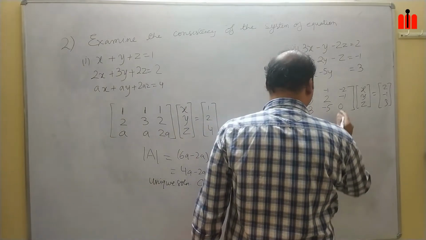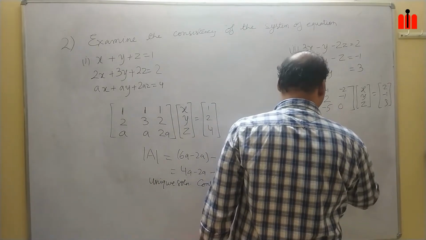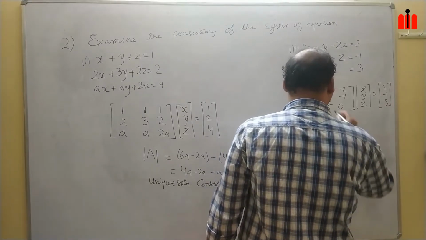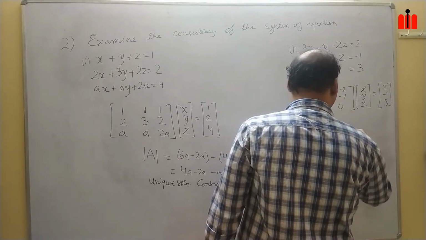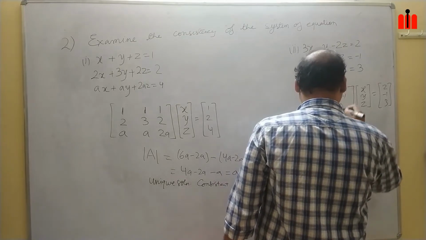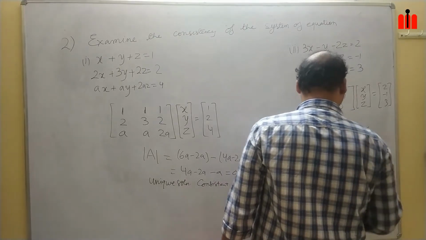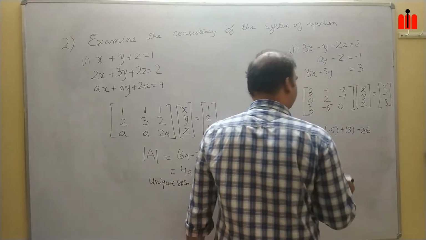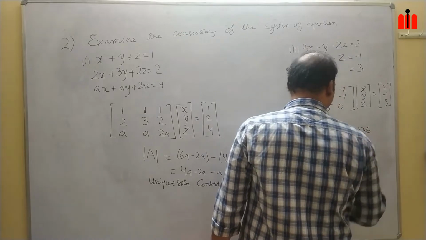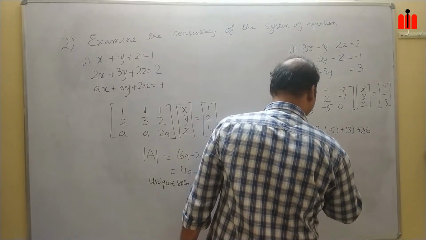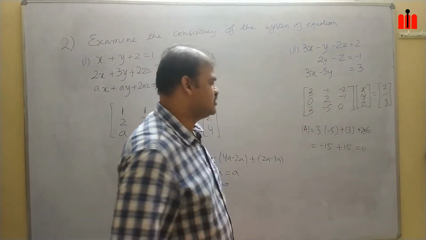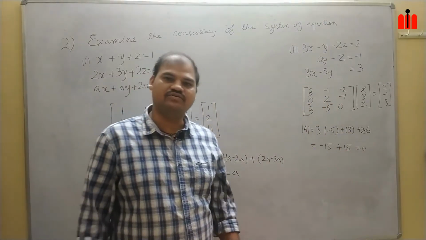It will be 3 into minus 5 minus minus 1, which becomes plus 3, and after that minus 2 into 0 and minus 6, so it will become plus 6. So it is minus 15 plus 15 equal to 0. So the determinant for this is equal to 0.